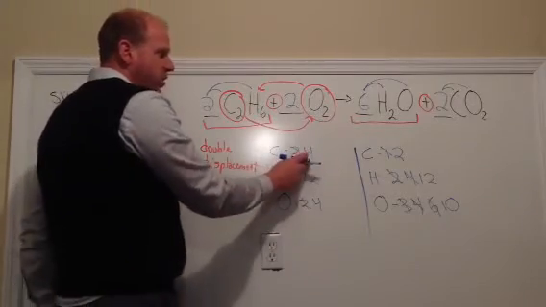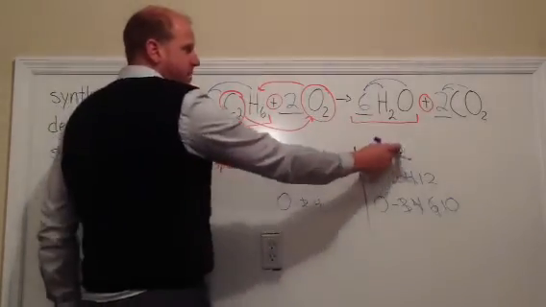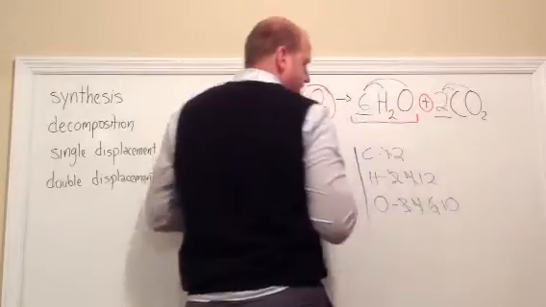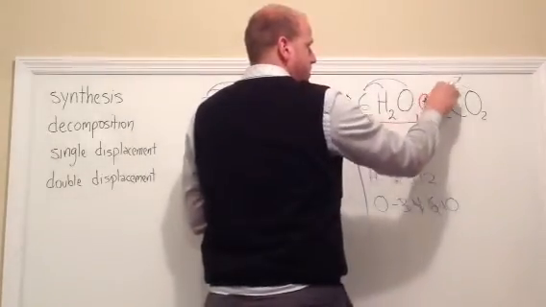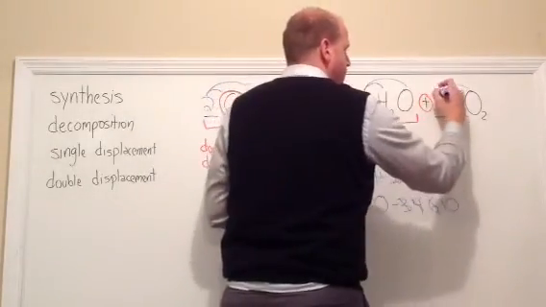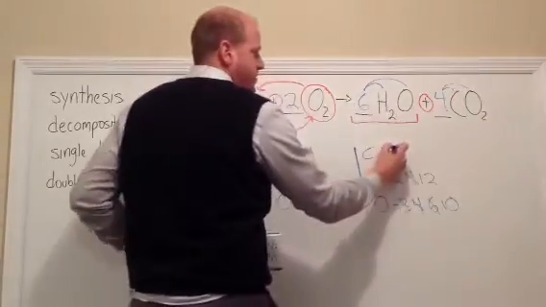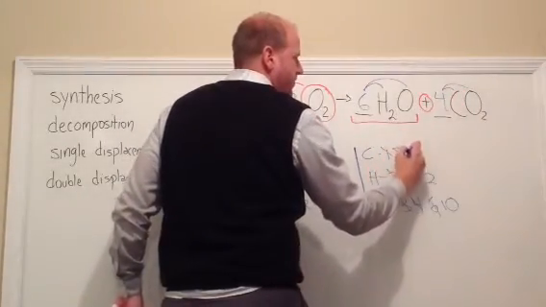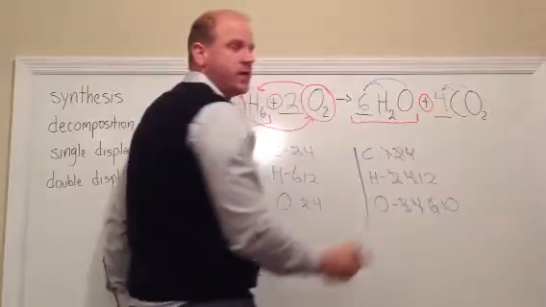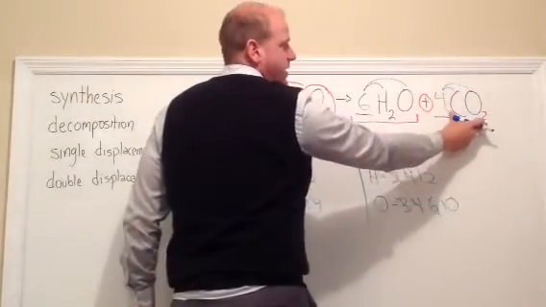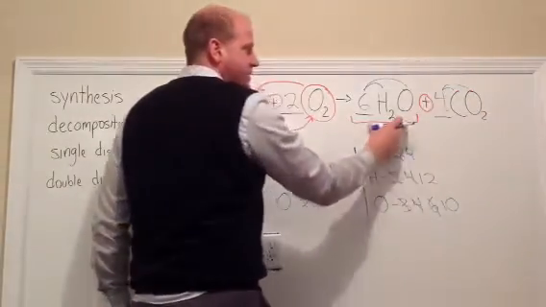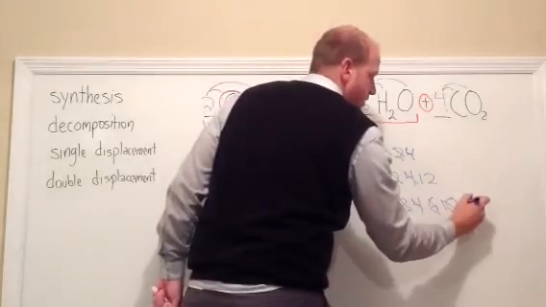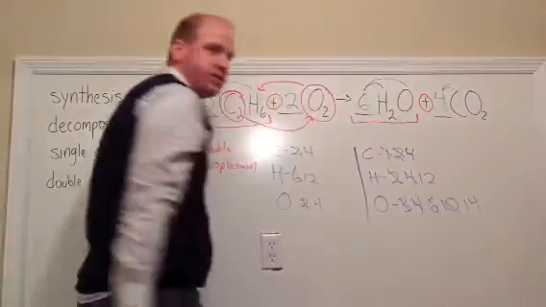I have 4 carbon right here, so I need to make this 4. I have to change this from 2 to 4. That gives me a total of 4 carbon, because 4 times 1, and it's going to change the number of oxygen I have in this term to 8, plus the 6 right here, gives me a total of 14 oxygen.